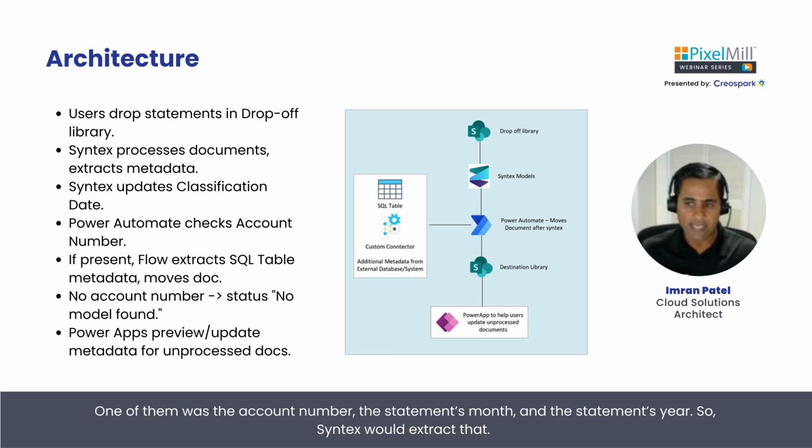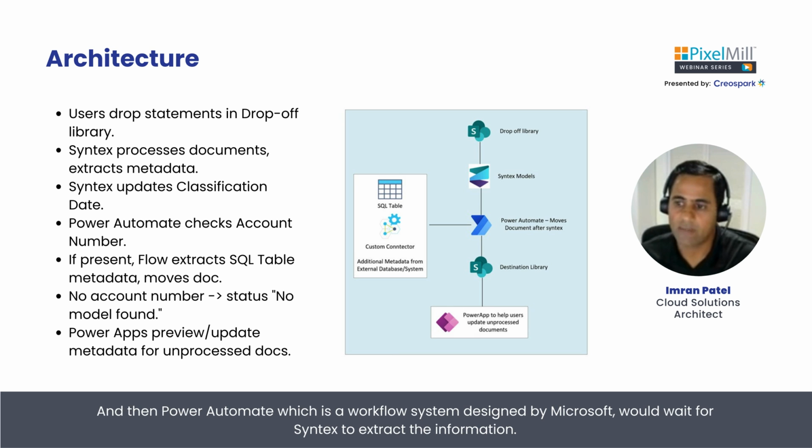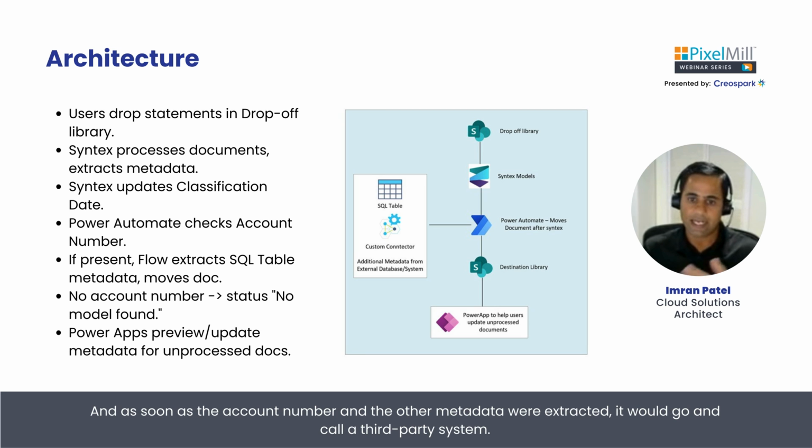So Syntex would extract that, and then Power Automate. I'm sure you are aware of what Power Automate is. It's basically a workflow system from Microsoft. It would wait for Syntex to extract the information. As soon as the account number and the other metadata is extracted, it would call a third-party system.